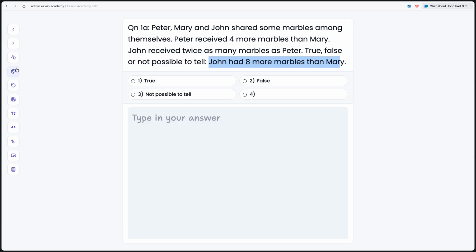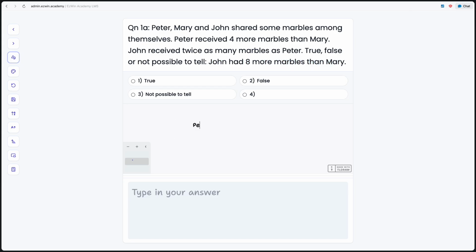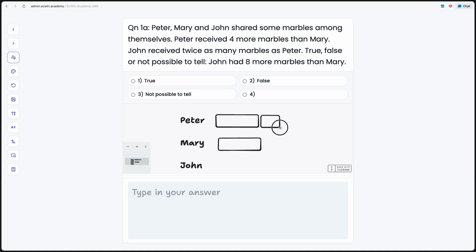So let's draw a working. You have Peter, you have Mary, and then you have John. Peter received 4 more marbles than Mary. So we're going to put Peter, and Peter received 4 more, so I'm just going to put here as 4.